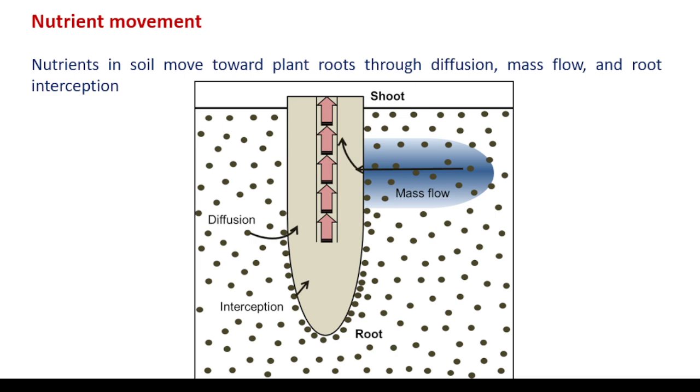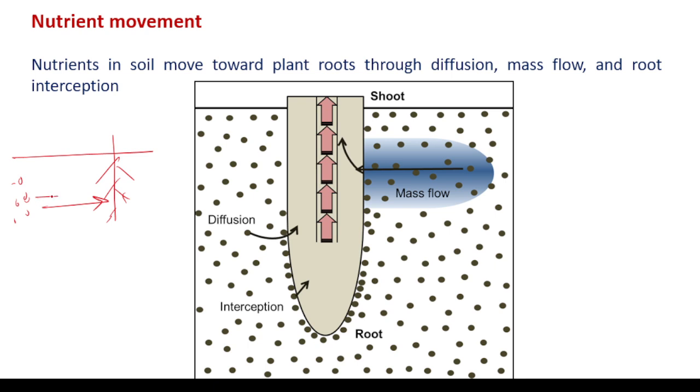Then we covered the law of minimum, Mitscherlich's law of diminishing return, then Bray's nutrient mobility concept, and which nutrients are mobile or immobile in the plant. Up to this we have studied. Now we have to see that there is nutrient in the soil, but this nutrient has to come to the plant root.